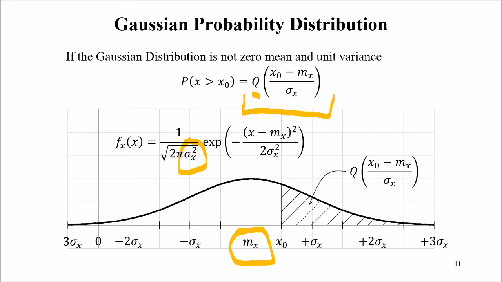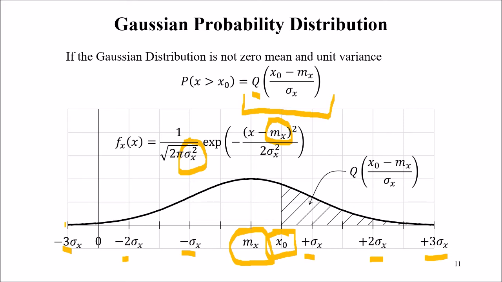We start at the mean value and you go 1, 2, 3 standard deviations to the right, and that's when the curve has dropped to 0, and then 1, 2, 3 standard deviations to the left, and the curve has dropped to 0. So if you know the mean value and you know the variance, you can sketch this bell shape.